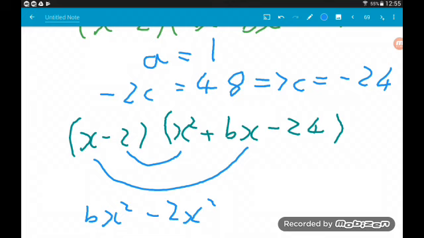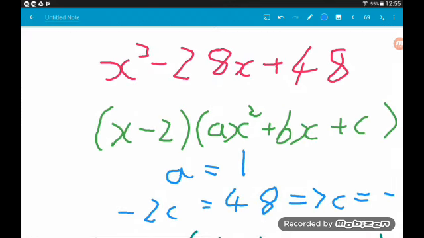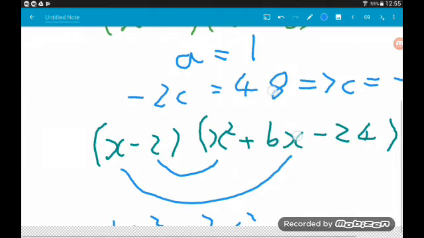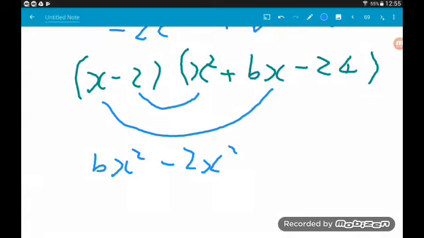Now then if we look at the x squared coefficient, there actually wasn't an x squared term. So, we need bx squared minus 2x squared to equal 0, because there were 0 x squared terms in the cubic.